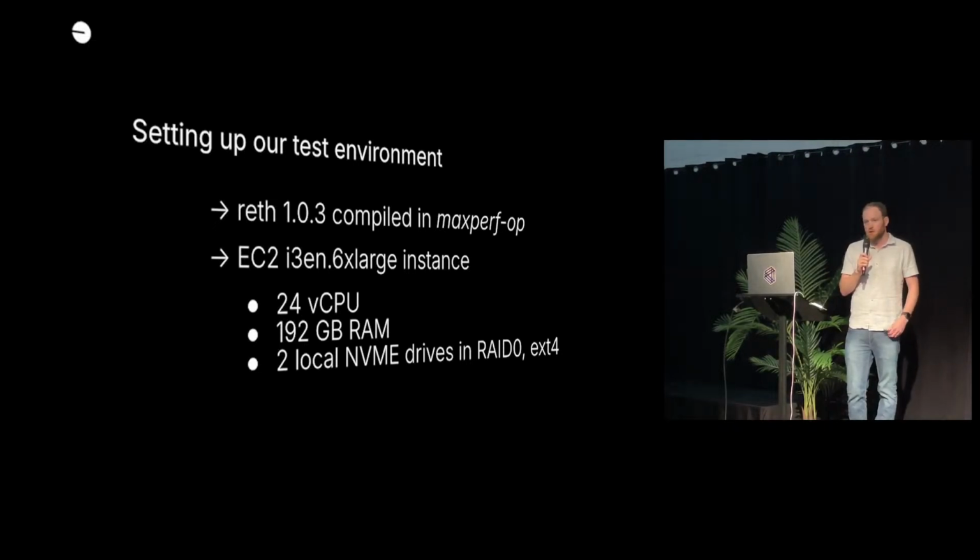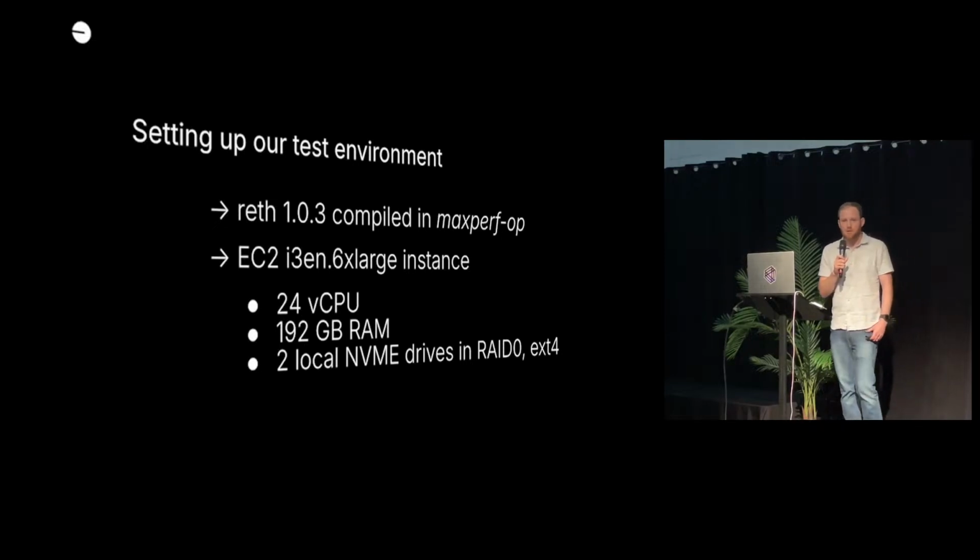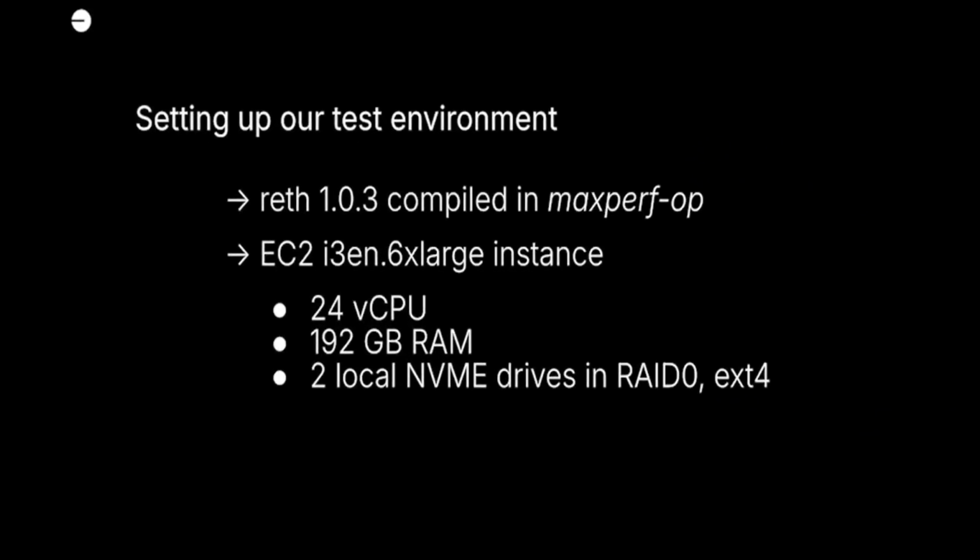So this is the i3en.6xlarge instance type, which has plenty of CPUs, lots of RAM. Most importantly, it has 2 locally mounted NVMe drives, which critically are mounted in a RAID 0 configuration on ext4. So a very standard no-frills file system.